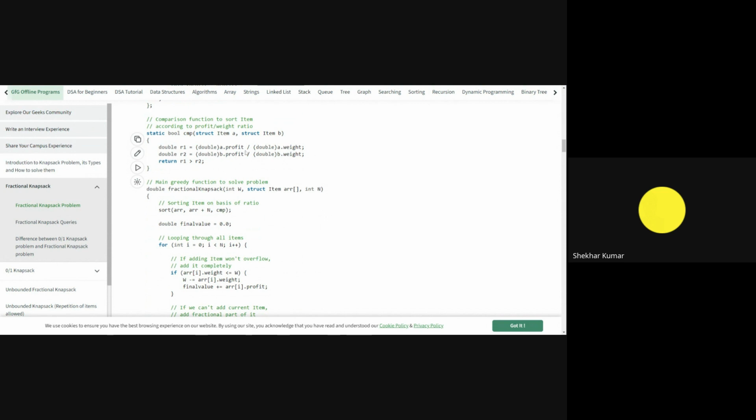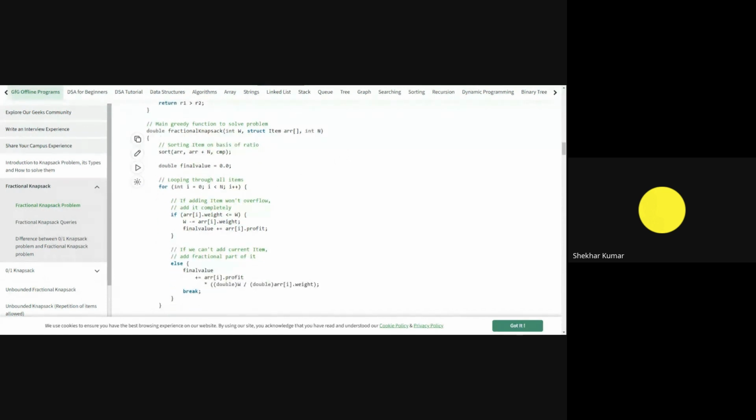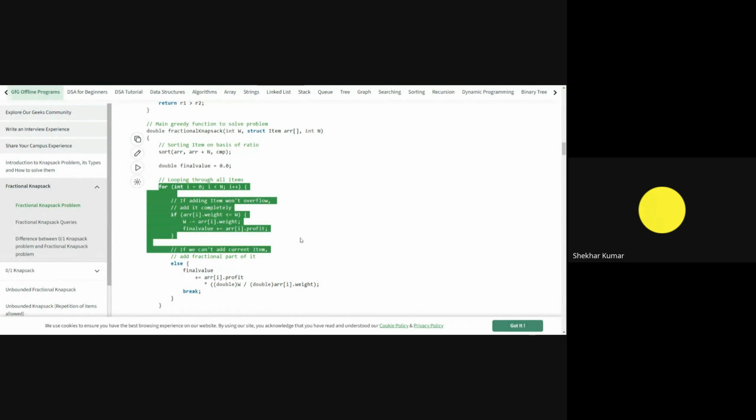Then it compares which one has the higher value. Both values are compared, so it will take linear time. The main part is here; this will decide your total knapsack complexity.